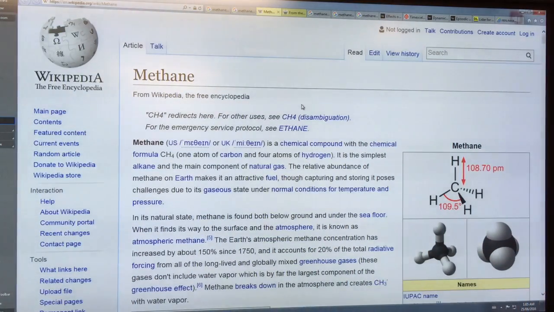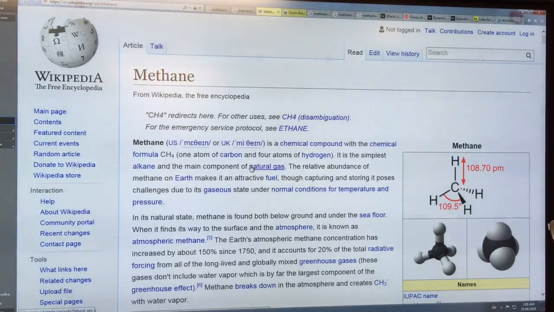So getting back to methane, CH4, it's basically the main component of natural gas. So if your house is heated with natural gas, about 90% plus is actually methane. It's abundant on Earth, so it's an attractive fuel. When you burn it, it produces less CO2 than coal and oil.